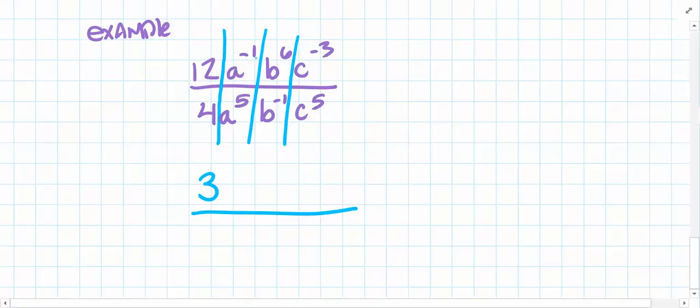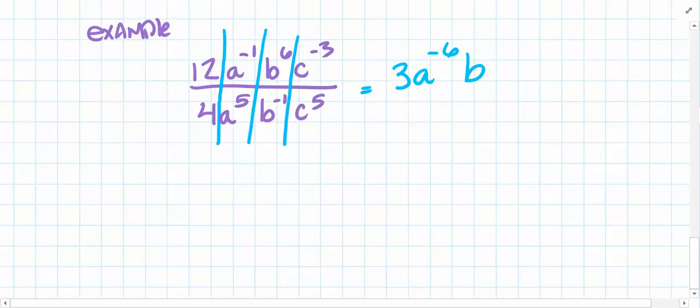Okay, so let's approach this. Let's do it this way then. So I know 12 over 4, I'm going to have 3. Then I'm going to have a to the negative 6. Then I'm going to have b to the what? B to the positive 7th, and then finally c to the what? Negative 8. Okay, if you write it out this way, now you can see which ones are supposed to be on the top and which ones are supposed to be on the bottom.